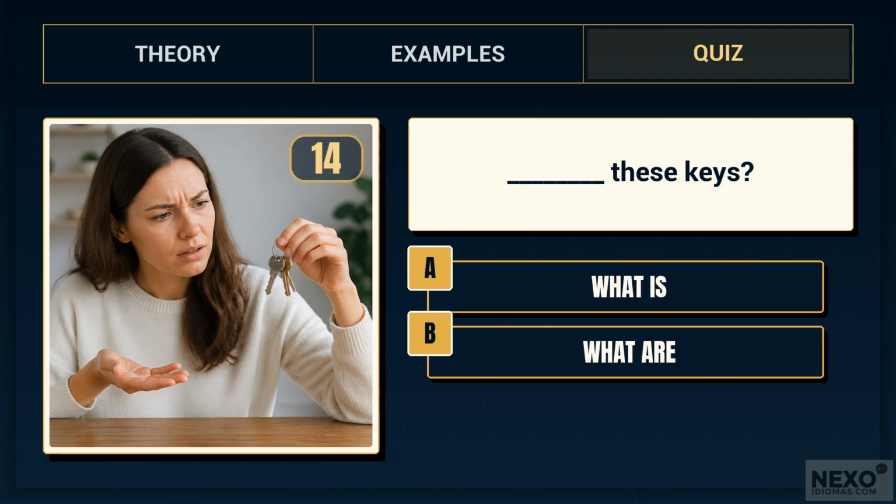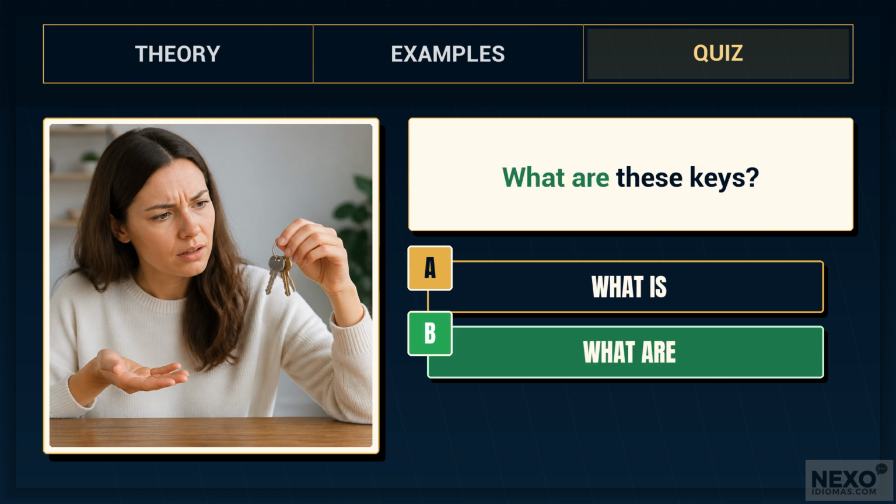Choose an option. What are? What are these keys?